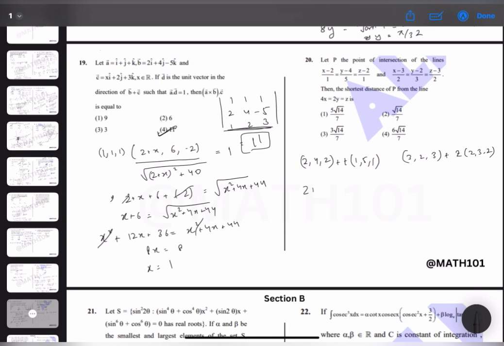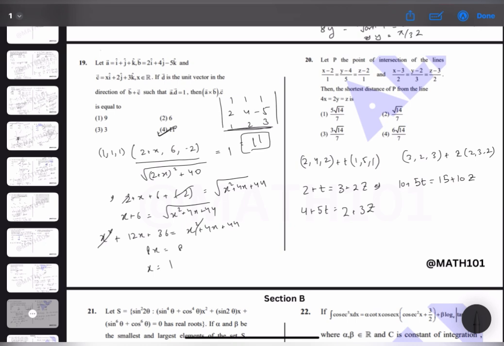So we have 2 plus t equals to 3 plus 2z, and 4 plus 5t equals to 2 plus 3z. This gives us 10 plus 5t, 15 plus 10z. What we did is multiplied both sides by 5.